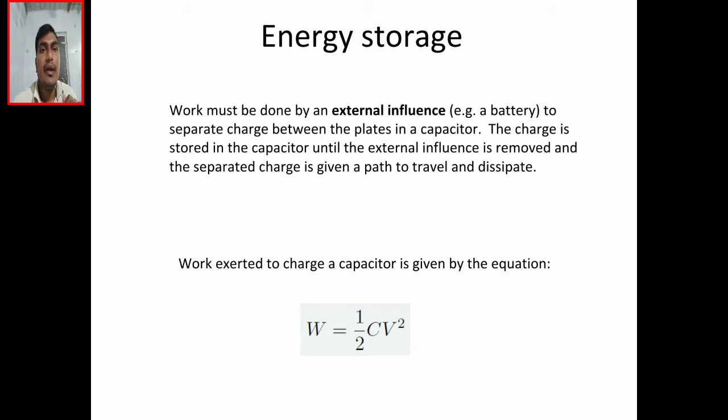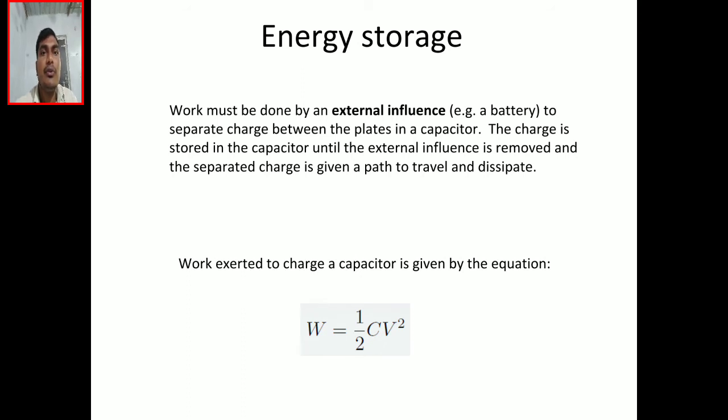I already told that a capacitor stores energy in the form of an electric field. How much energy it stores is W. W means the energy stored, or work done, by the capacitor, and it is given by the equation half CV square.